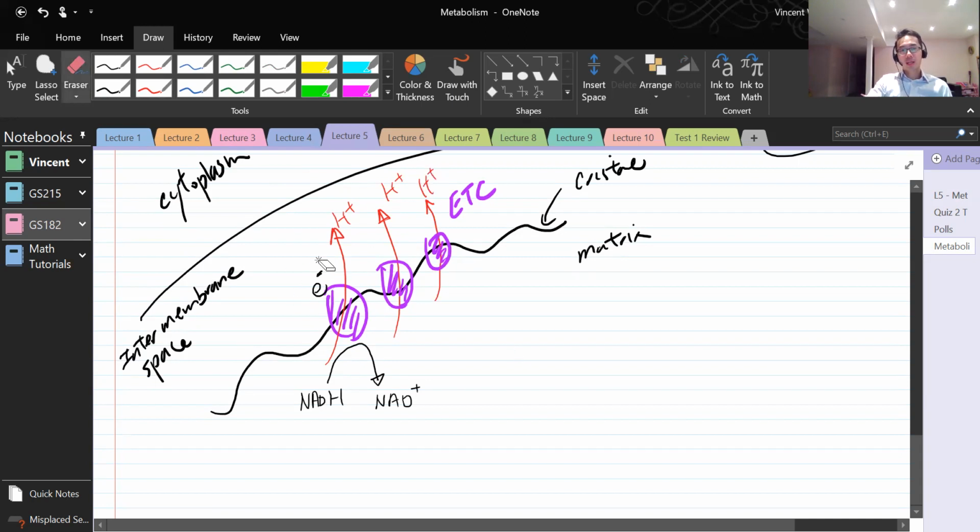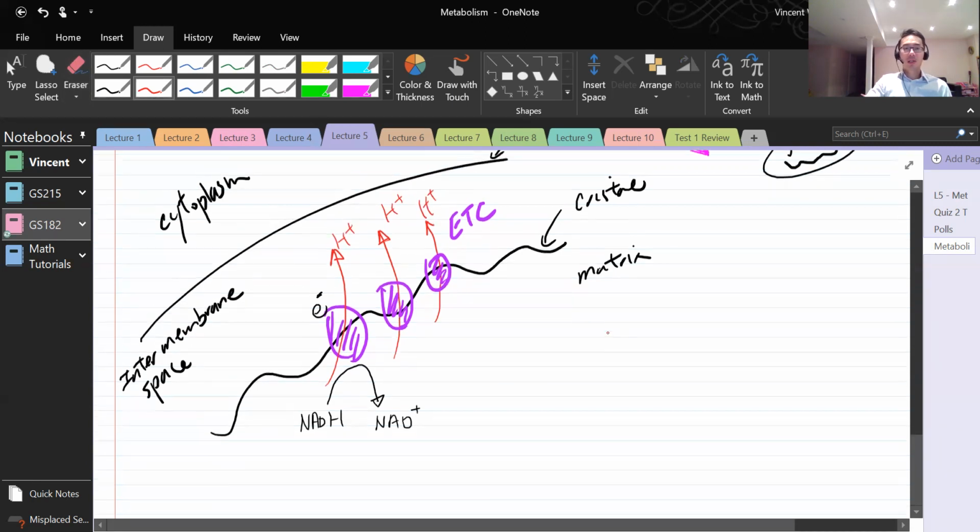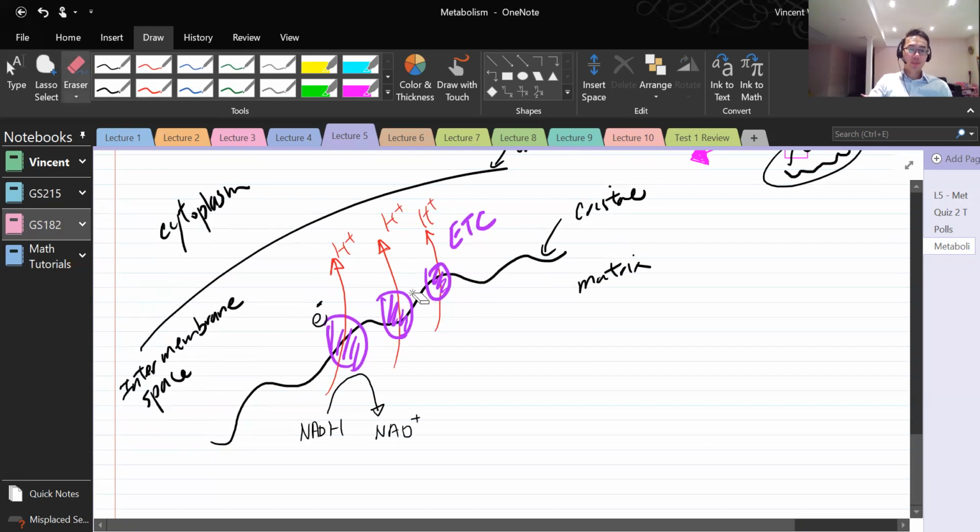Over time, if this keeps on happening with more NADH coming in, you will create a high concentration of H plus in the intermembrane space, where you will have a low H plus concentration.